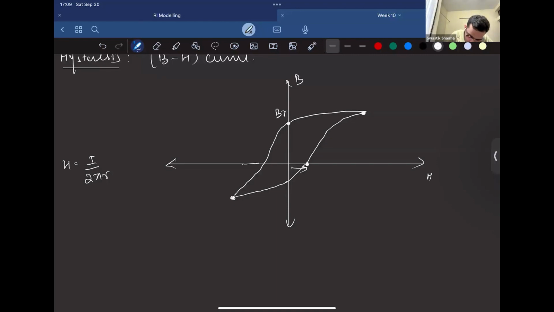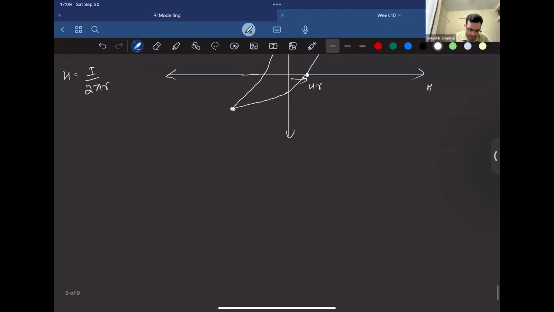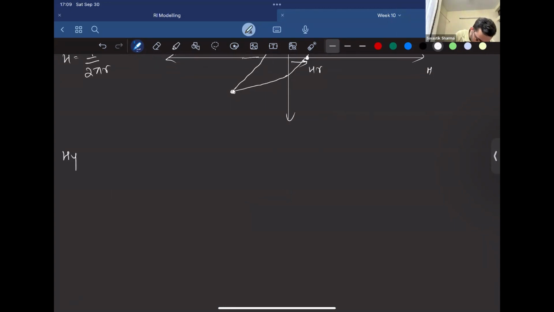And there is a concept of Hc when there is no flux density. This is called coercive force. This is what helps two magnets stick to each other if they are not energized, right? Now there are losses associated with these phenomena, which are called hysteresis losses.